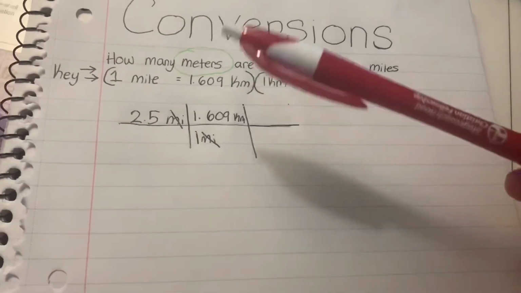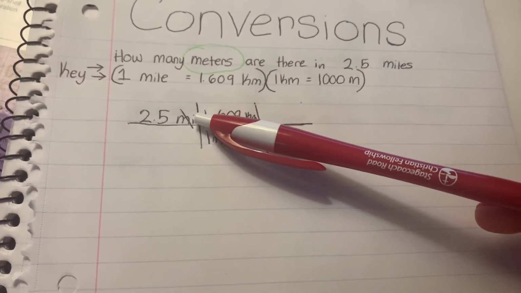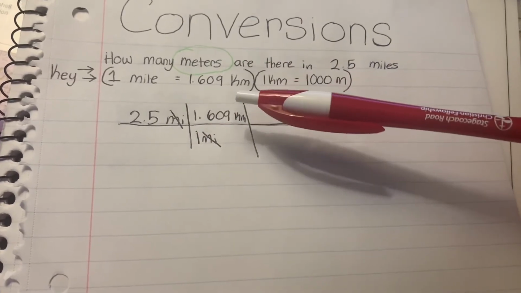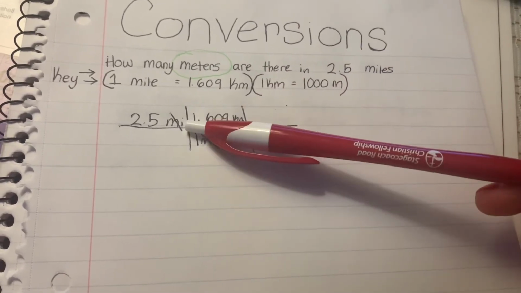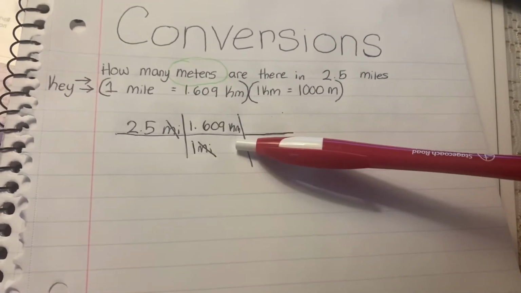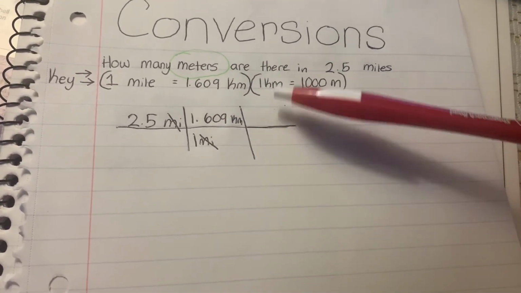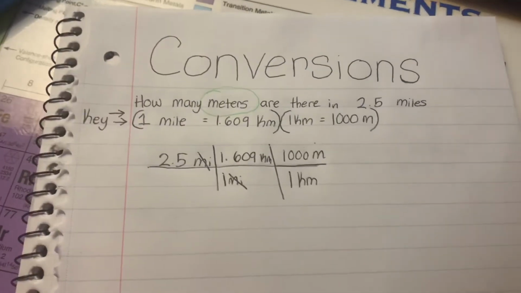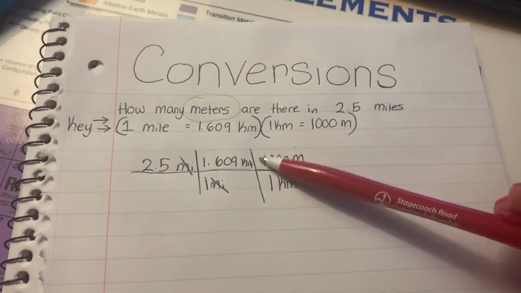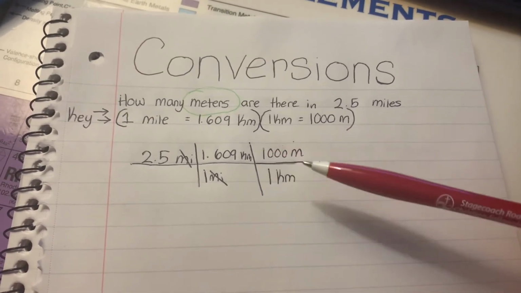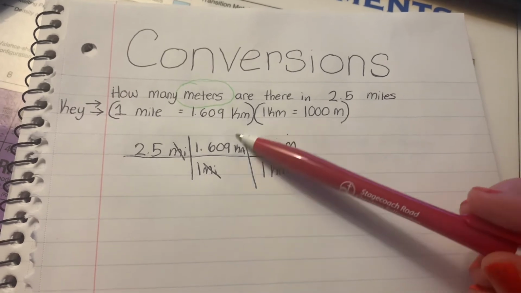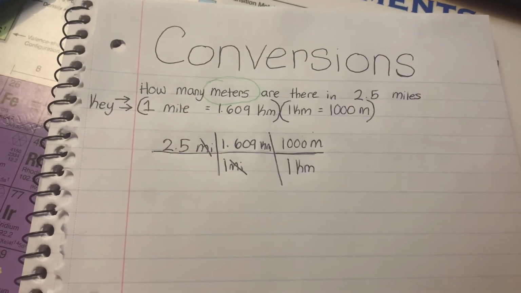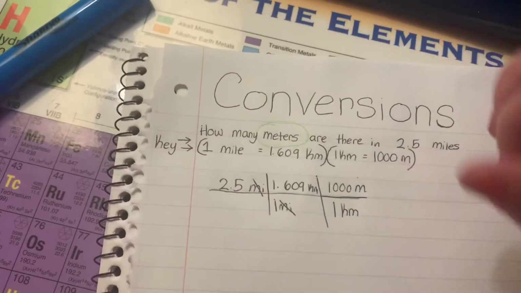And if we remember what we just did here, when you have a measurement diagonal from one another on a different layer, so like the upper and the lower, you can cancel them out. So that tells us that we are going to be putting 1 kilometer down here and 1,000 meters up here. As the measurement is up on the upper and down on the lower, diagonal from each other, and they have the same measurement, we can cross cancel those, okay? So we're going to cross them out.